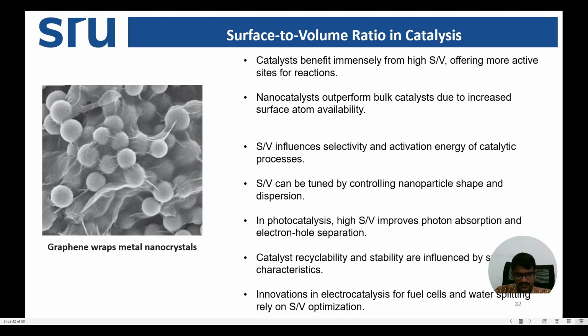Then, in photocatalysis, a high surface to volume ratio improves photon absorption and electron hole separation. Why is the surface area to volume ratio so crucial for photocatalysis? When the material has a high surface to volume ratio, more atoms are available at the surface to capture the light.